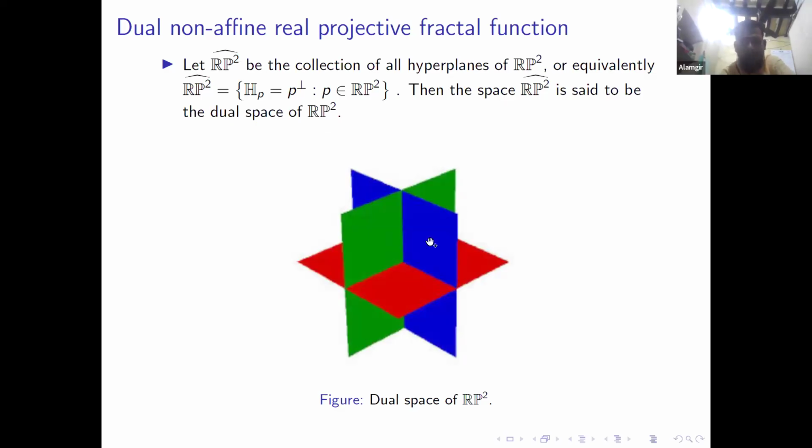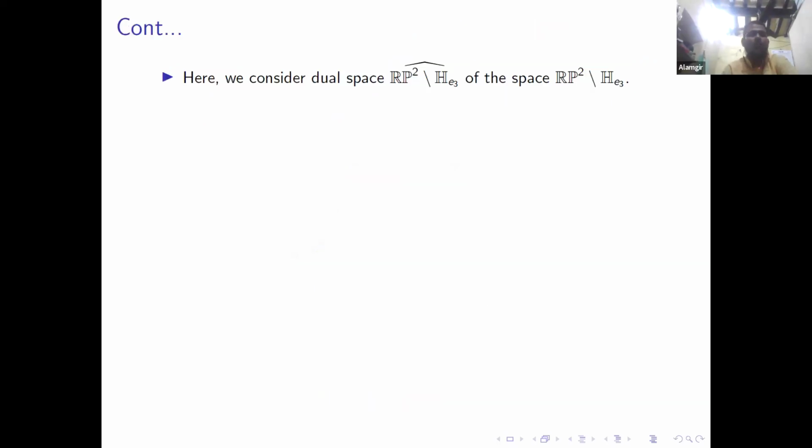We are showing only three hyperplanes, but this is not a collection of three. There are uncountably many hyperplanes, which pass through the origin of that space. Now here we consider the dual space, in particular RP2 minus the point, and the corresponding dual space.